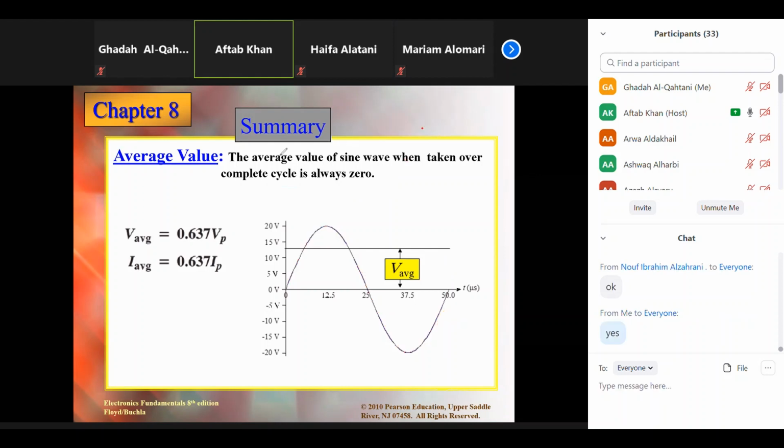So in order to get the average value, we will not take this complete cycle. We take it at the center of any peak. For example, if I want to calculate the average value, I will say V average is equal to VP, yani at the center we know the peak, VP over what is the angle here actually.